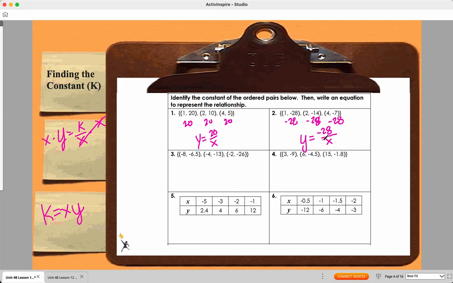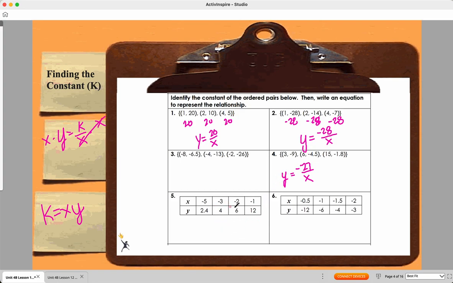Okay. Take a minute and try number 4. All right, so you found this one. You found out that every single number was negative 27, so you found y equals negative 27 over x. And we can do the same thing whether we have ordered pairs or charts just like this one.